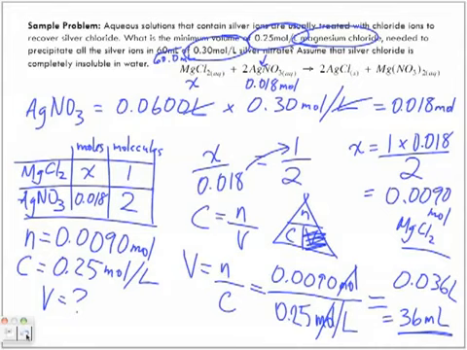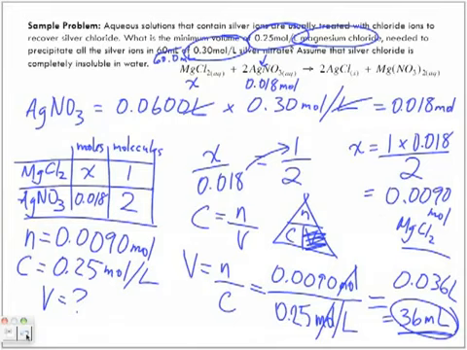So what is the minimum volume of magnesium chloride needed to precipitate? The volume that we must have is 36 milliliters of magnesium chloride at that concentration. Do you see how we're using the stoichiometry? We're using the equations that we've found recently when trying to calculate molarity.